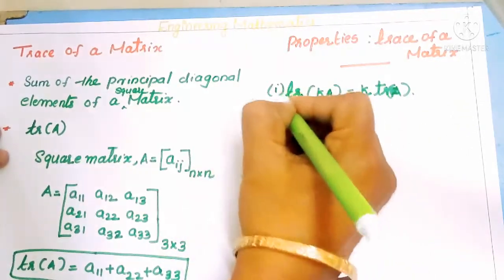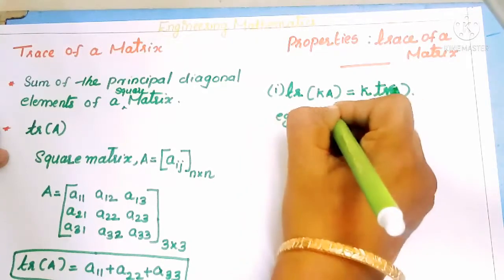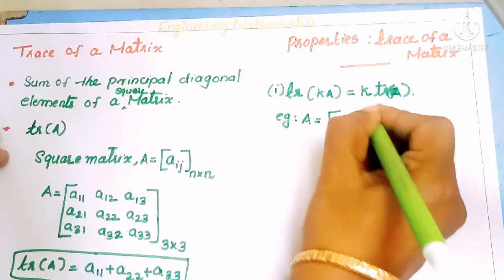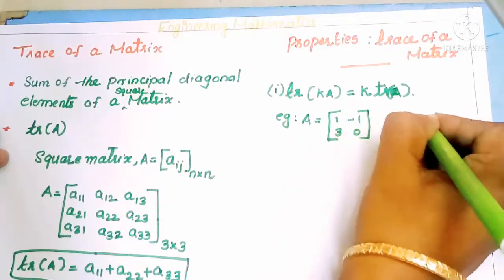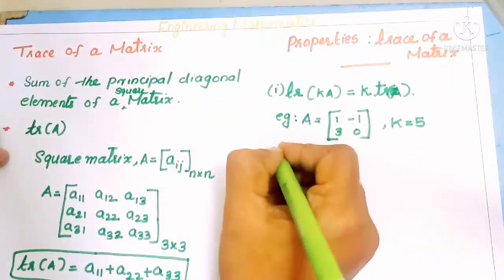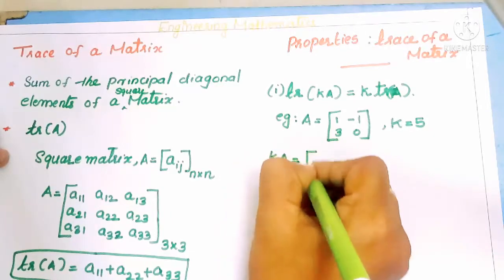So to prove this condition, we can take one matrix A is equal to 1, minus 1, 3, 0. Also we can take a factor k is equal to 5. First we find kA.